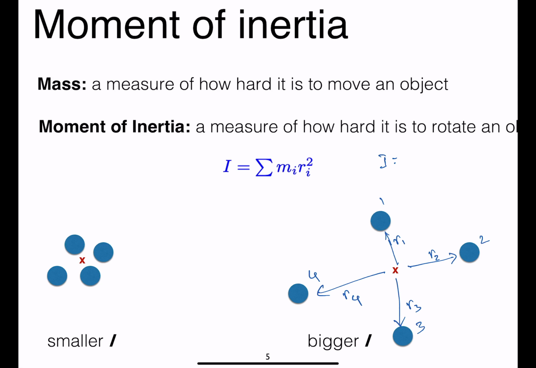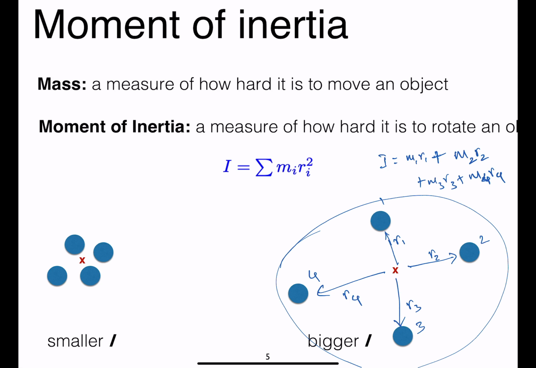So I is m1 r1 squared plus m2 r2 squared, and the same thing happens here. Since the distance from the center is greater, this system will have the higher inertia.